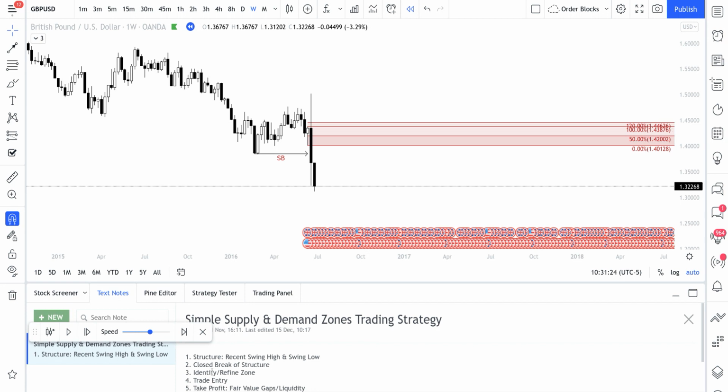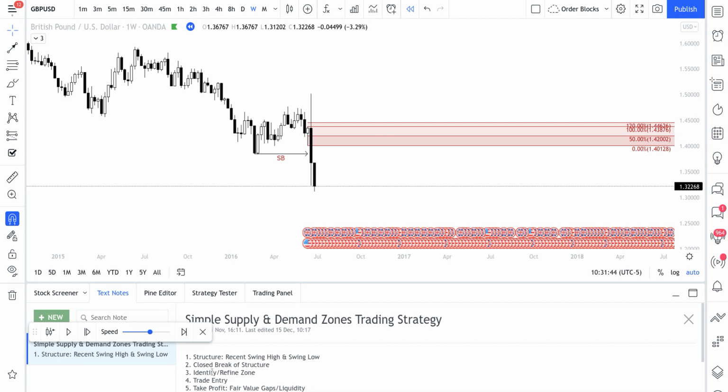Now we're going to refine our zone. Again, this is very simple. We're not going to go down to the lower time frames and look for lower time frame order blocks, which, if you do that, yes, you will get a better risk to reward. But again, I want this simplified for you.